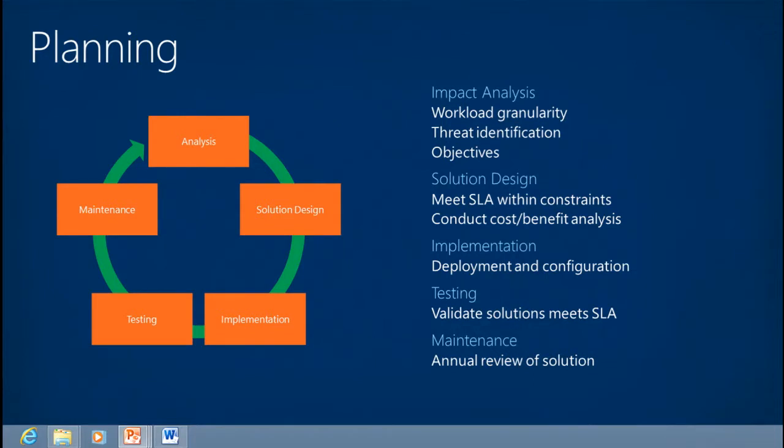So that's the cost-benefit analysis. What's the difference between 5 minutes of downtime in a given year and 53 minutes of downtime within a given year? And then otherwise, you move on to your implementation phase, which is basically deployment, configuration. You move on to testing, where you validate your solution and ensure that you can meet it within SLA, and then lastly, maintenance, which is your annual review of the solution.